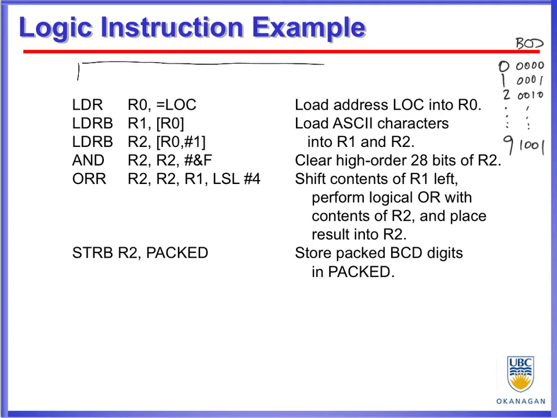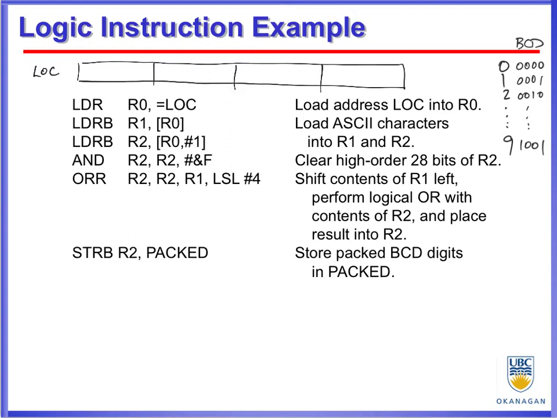And so up here I'm going to draw a 32-bit memory word at the address LOC. I'm not going to draw the individual 32 bits, just the 4 bytes that make up that memory word. We've got byte addressable memory, so every byte in memory has a unique address.